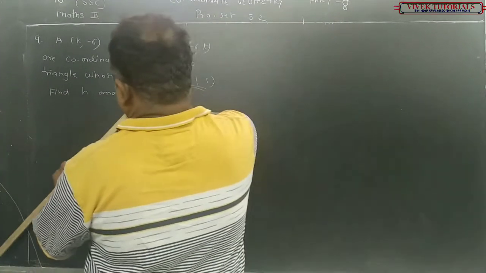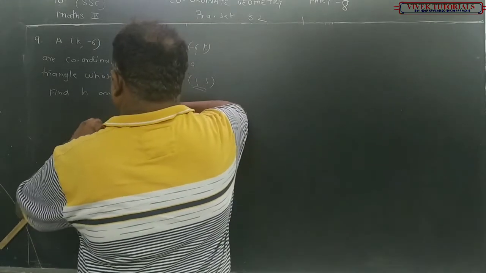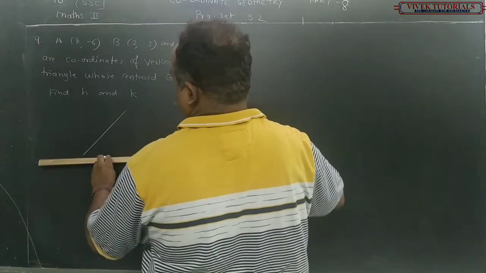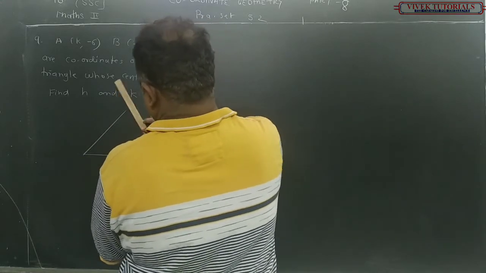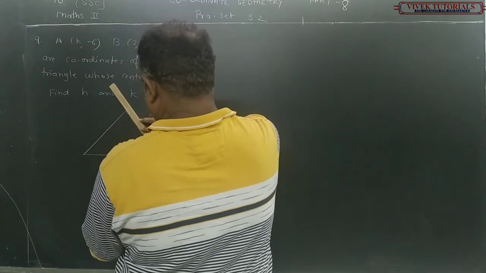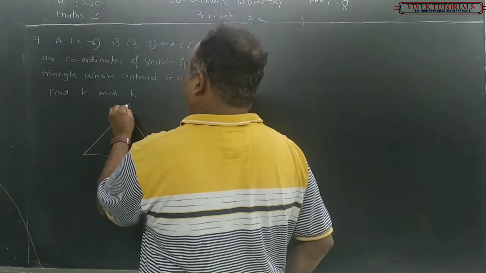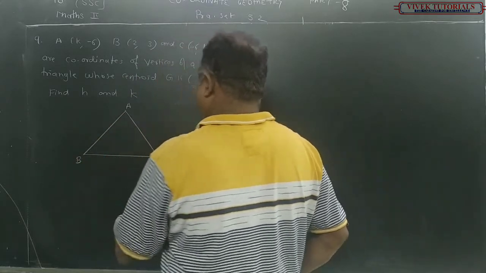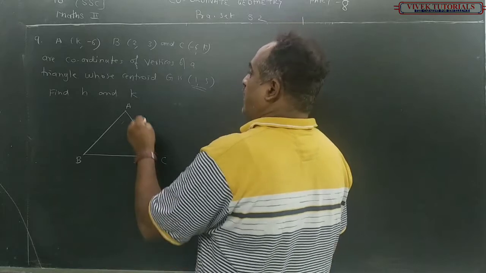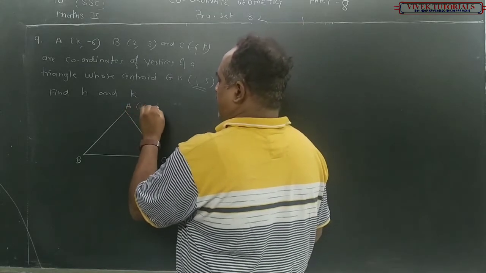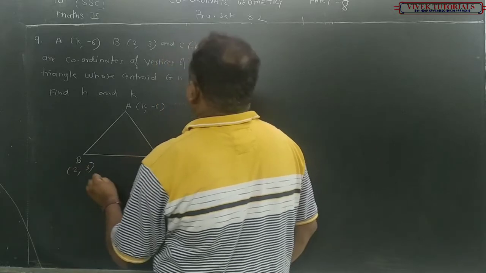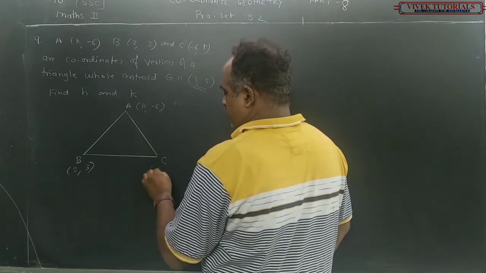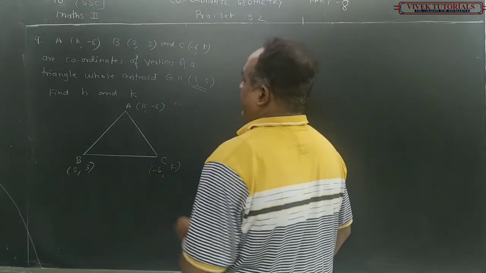So what I'll do, I'll draw one triangle ABC whose vertices are A (h, -6), B is (2, 3) and C is (-6, k).